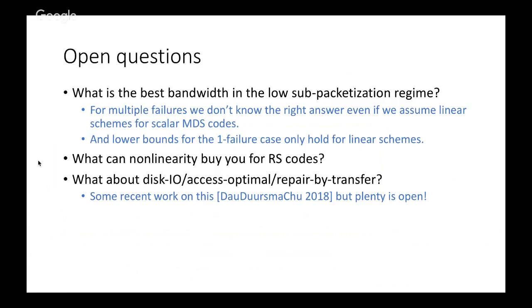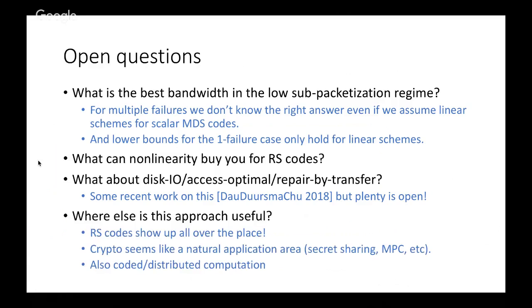And then finally, the question that I'm most interested in, that I really want to leave you with, is where else is this approach useful? I think Salim asked this towards the beginning of the talk. Reed-Solomon codes show up all over the place. What I've shown you is that there's been a bunch of work in the past few years on how to do polynomial interpolation in a communication-efficient manner.